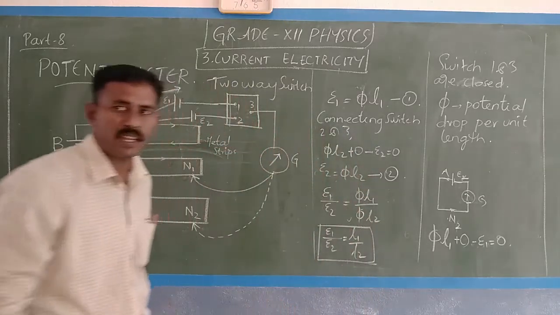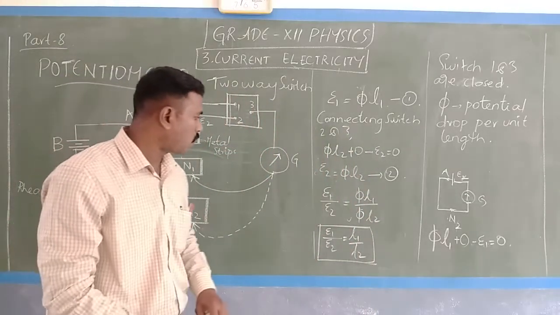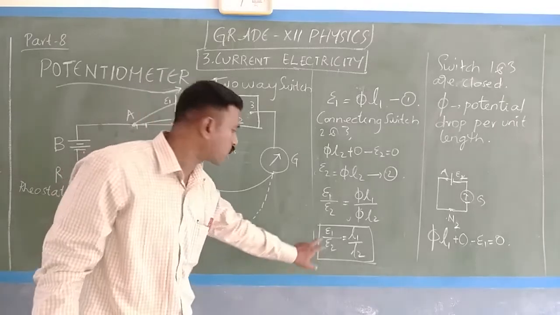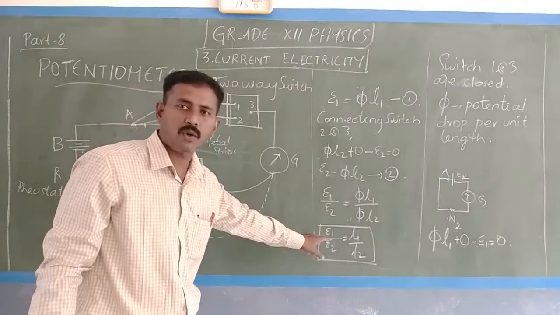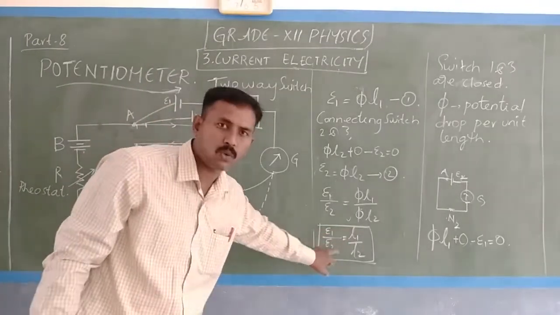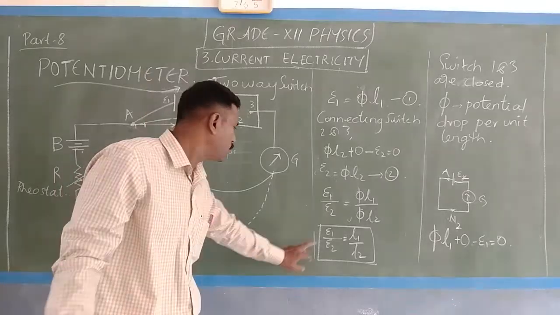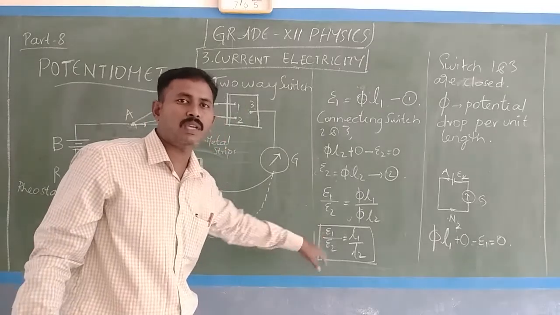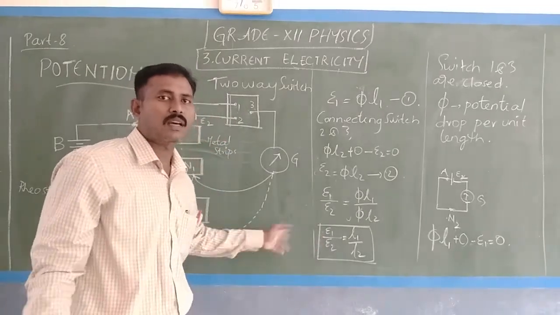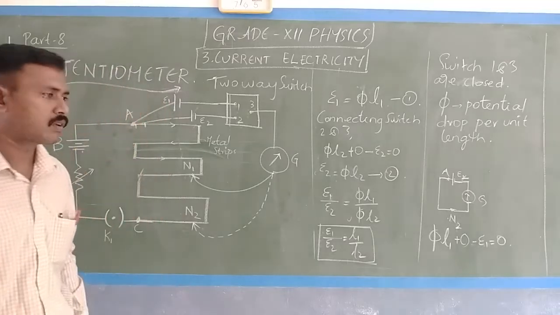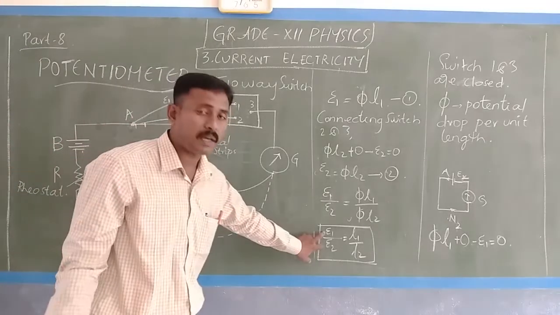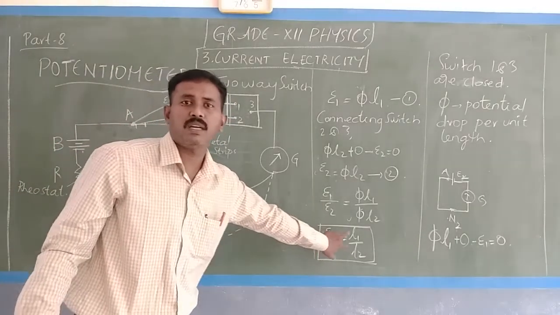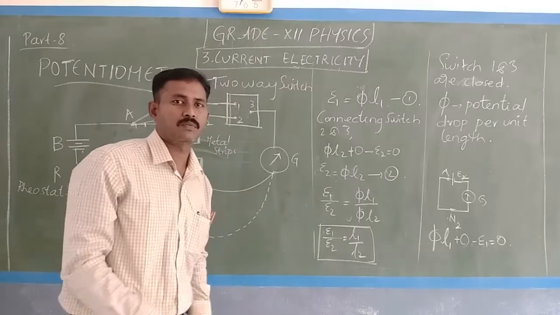This is the final expression I get. So I can compare the EMF of two batteries. If I know any one value, because L1 and L2 are lengths that we can measure, we can find the other value of the cell. Or we can compare the ratio of the EMFs with the ratio of the lengths also. Clear?